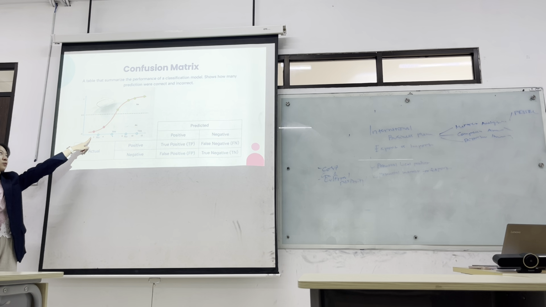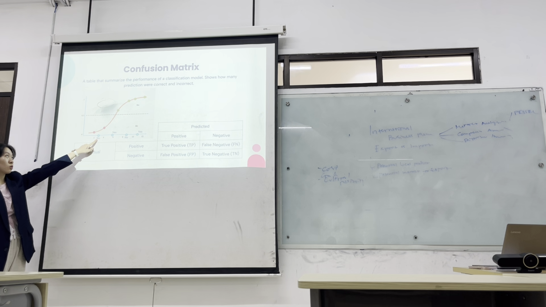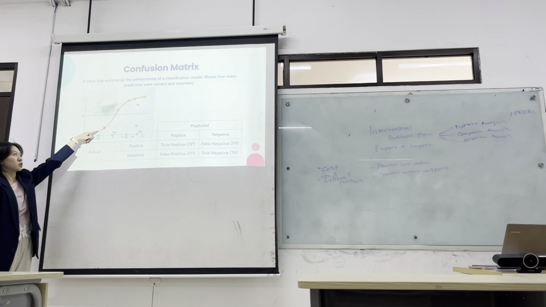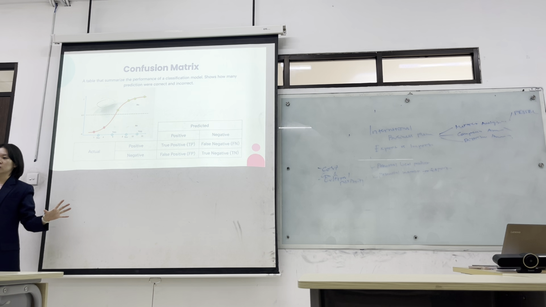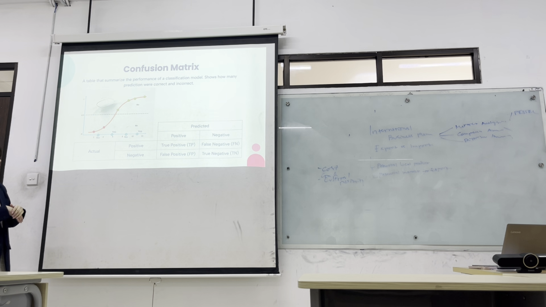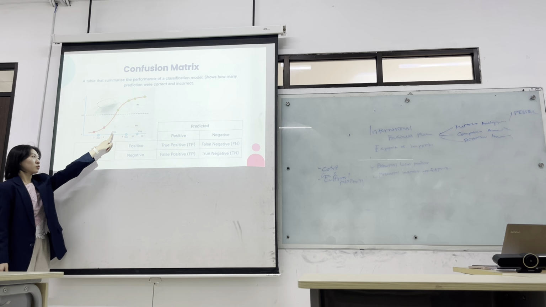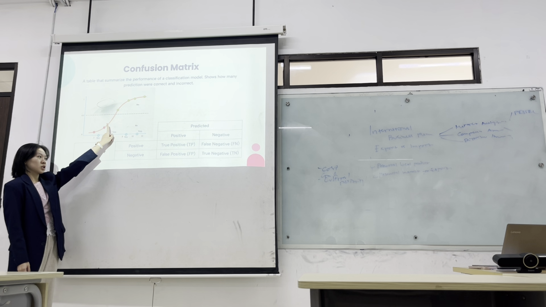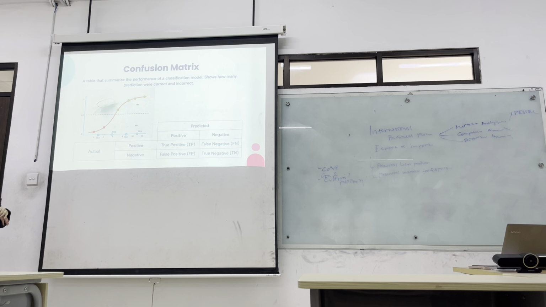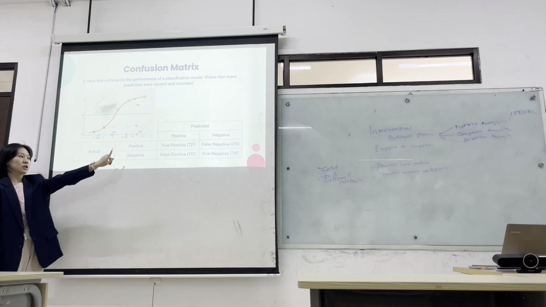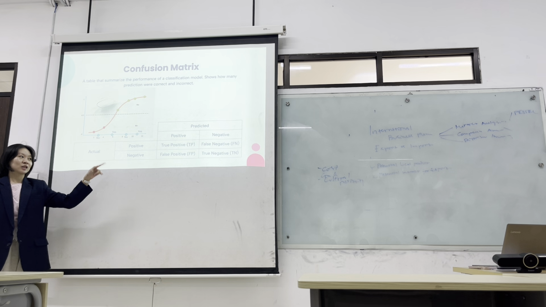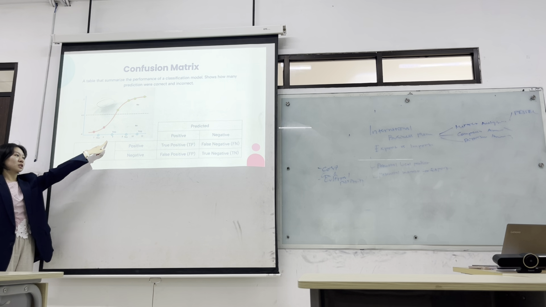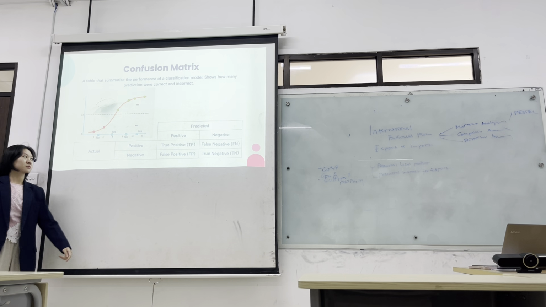So for example, for point number 1, the actual is no, and when we take a line here, it also falls in the no region. So we can say that it is a true negative, because the actual result is no and the prediction is also no. And then the second one, we have yes as an actual value and it falls in the no region. So the actual is yes and the predicted is no, which means the second is a false negative, or FN.